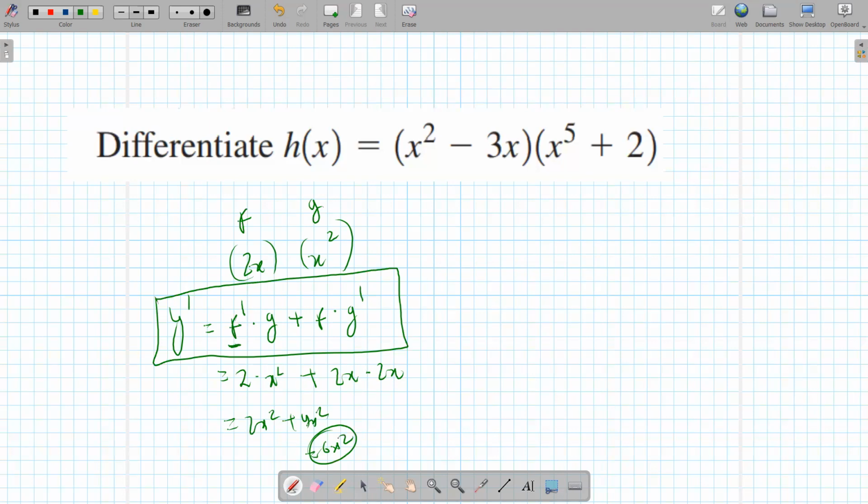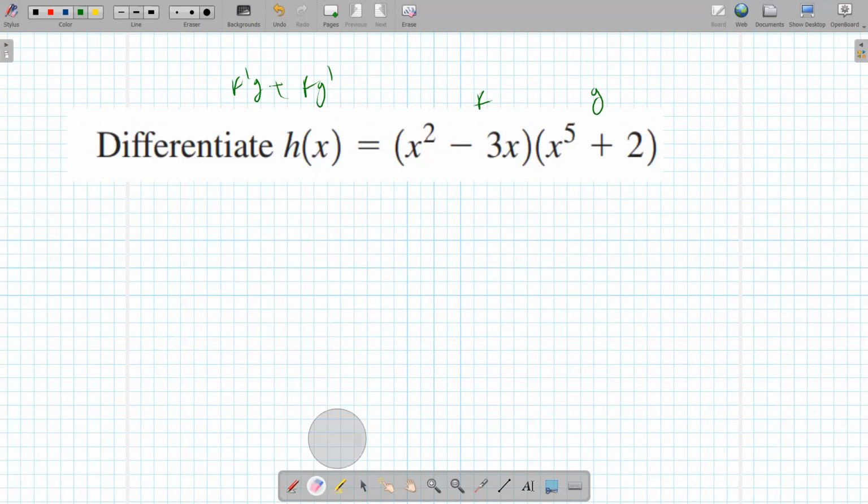We're going to use the same idea here. This is going to be our f, this is going to be our g, and the formula is f prime g plus f g prime. So tell me, what is h prime of x?